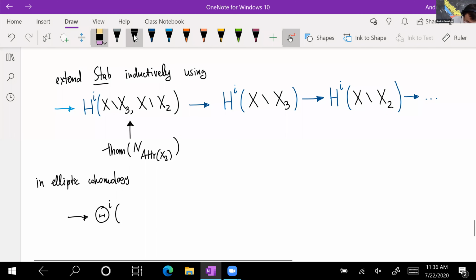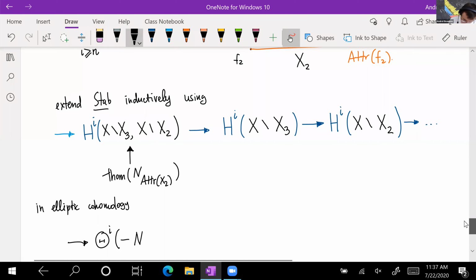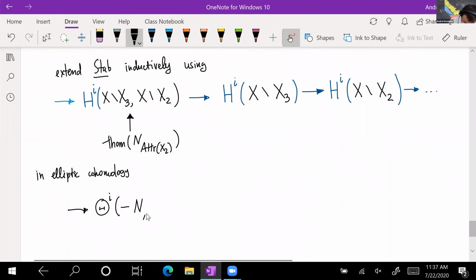There's the cohomology of a Thom space. That's the theta bundle. That's theta of minus the normal bundle to the attracting manifold.